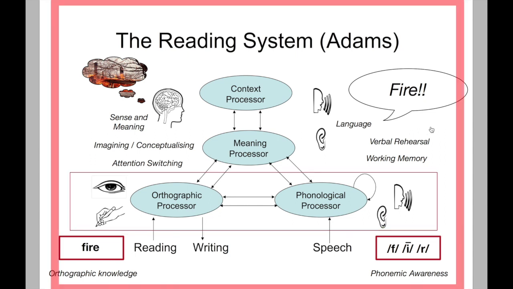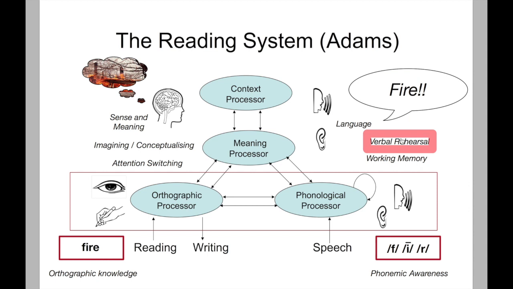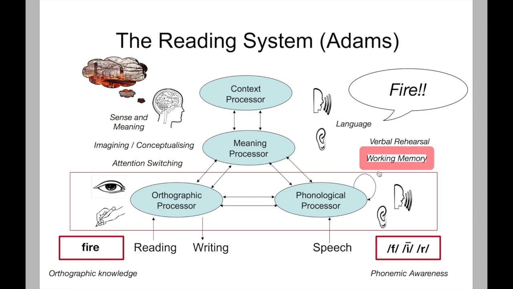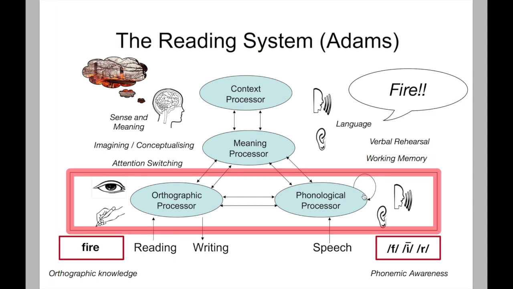So for this word fire, I have verbal rehearsal. I say it over and over again in my head, fire, fire, fire. Hold that in working memory. It also has that feedback loop. And so as I slow myself down, what are the sounds in fire? F, I, hold that in working memory, because then I'll have to process that and say, oh, what's the letter that makes the f sound?